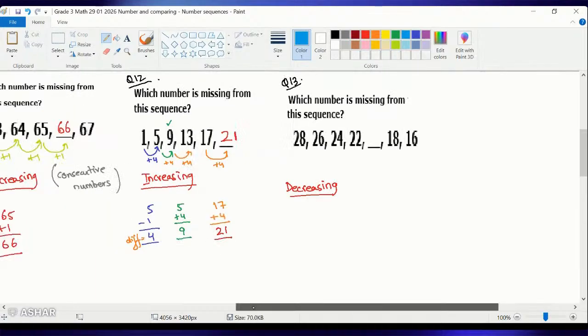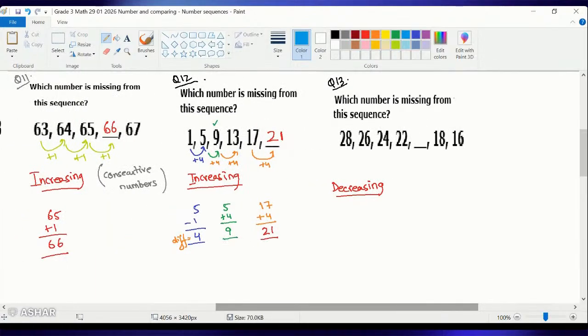See, in question number 11, I said these were consecutive numbers, right? Let's see what consecutive numbers do we have over here. So can we say 28 minus 26? The difference was 2, right? That means plus 2. It should be plus 2, plus 2, and this should be plus 2 as well.